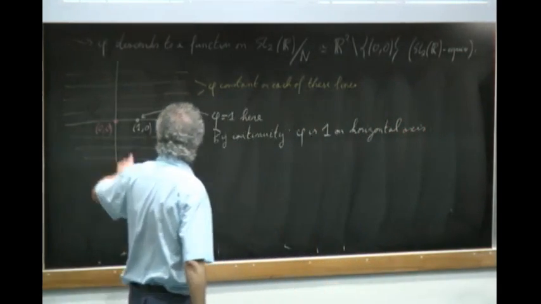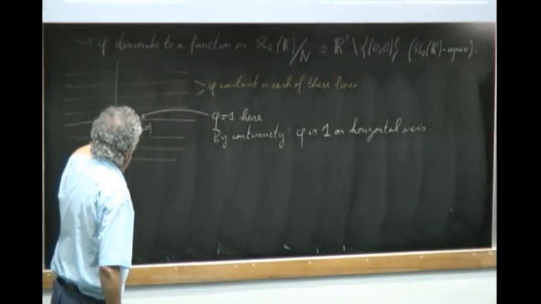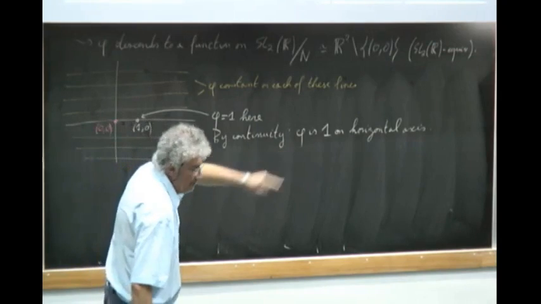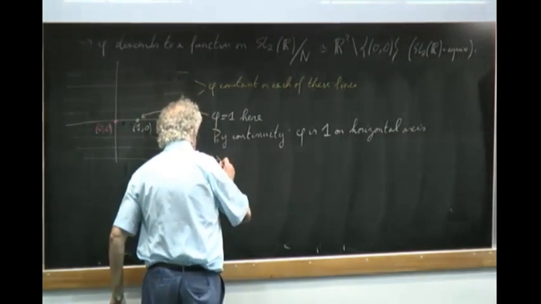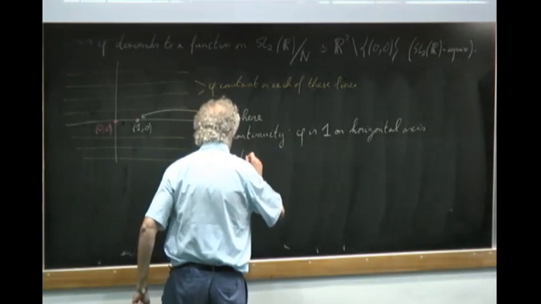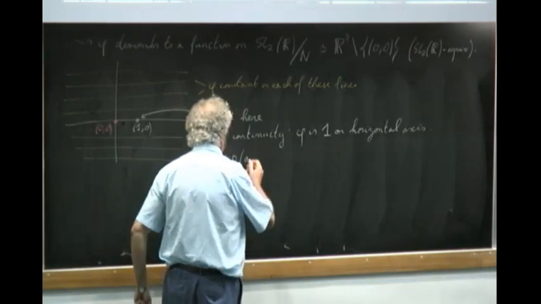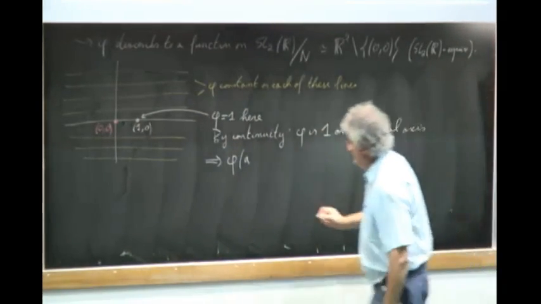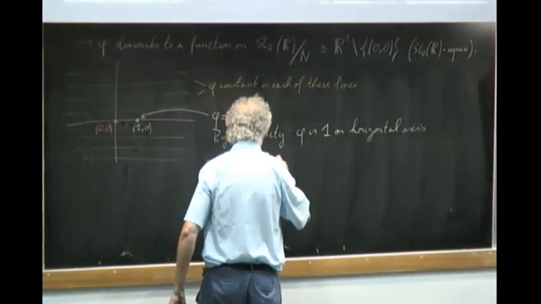And if you take the positive horizontal axis, this is exactly the orbit of (1, 0) under A. And so if I call this diagonal matrix A sub t, phi of A sub t is 1.